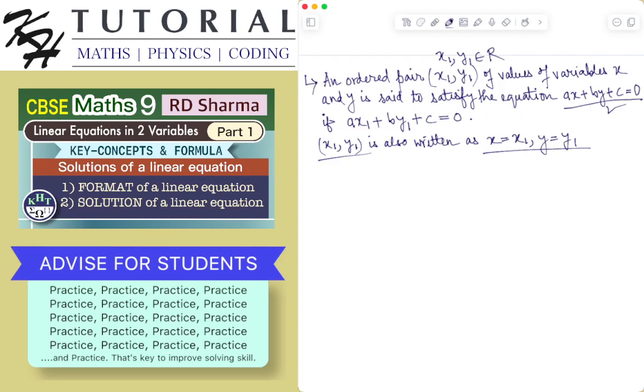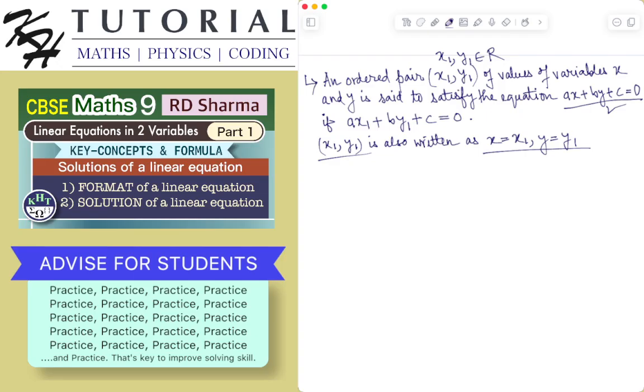In short form we write it as x1 comma y1, where the first value, x1, stands for the variable x and the second value, y1, stands for the variable y.